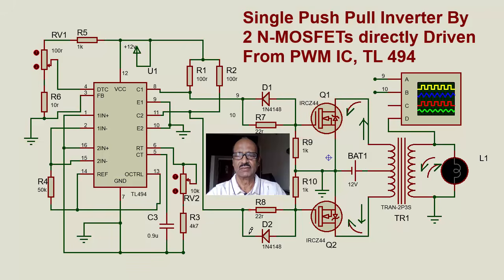Similarly, when this is low, naturally this doesn't conduct. And next, this becomes positive, and so this conducts, and at that time this is negative, this doesn't conduct. So this is how the conduction takes place for 10 milliseconds here and 10 milliseconds here. That is for a 50 hertz supply, which is 20 milliseconds in total.